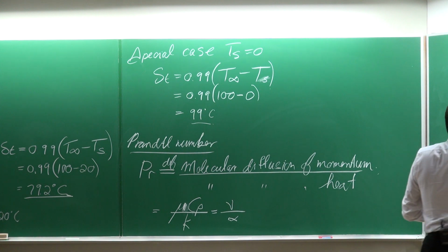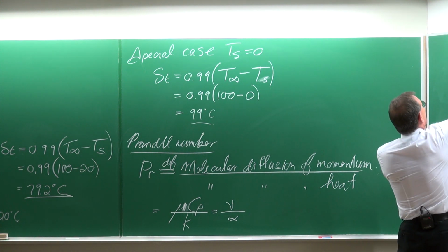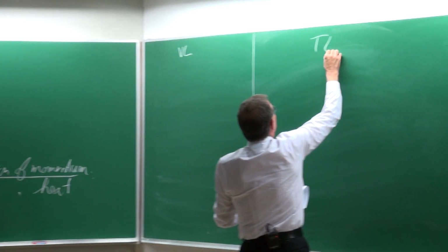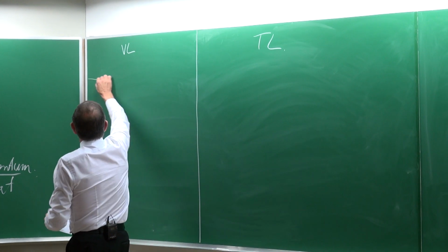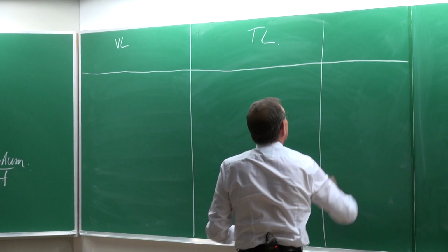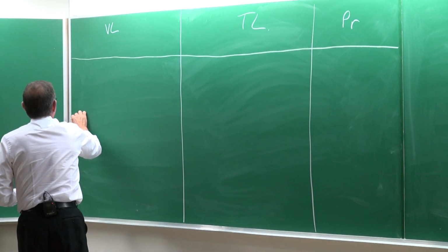Now, let me explain to you the difference between the velocity boundary layer and the thermal boundary layer, taking into consideration the Prandtl number. And we are going to consider 3 cases.